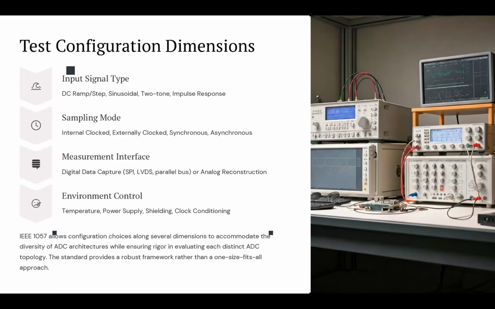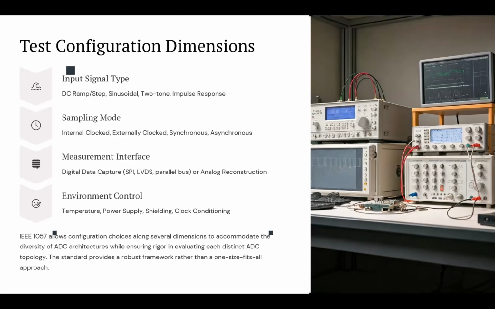The second dimension is the sampling mode. The sampling mode is defined as how the ADC samples the input signals. There are different configurations. It could be internally clocked, externally clocked, synchronous or asynchronous. What do those mean?